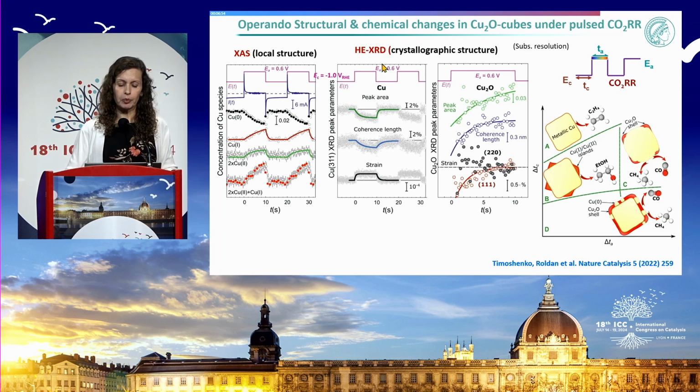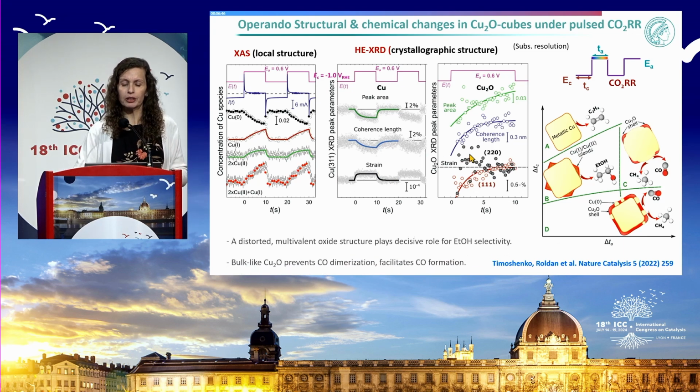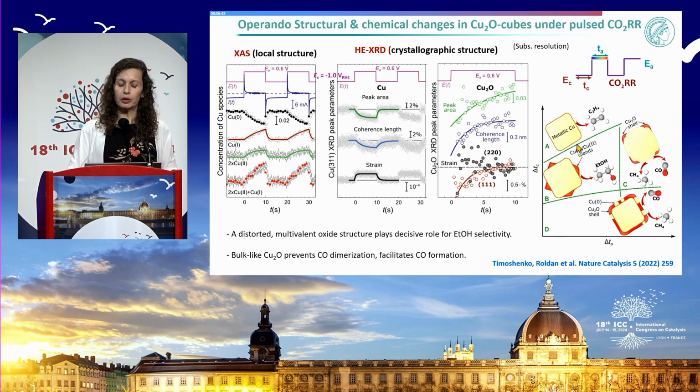And in this case, for example, we can apply a potential pulse and we can measure the strain in the metallic copper phases. We can follow the formation of the oxidic copper phases. With all of this information combined, I can make a model in which if I have a metallic surface, not perfect, with defects, we will get this ethylene formation.